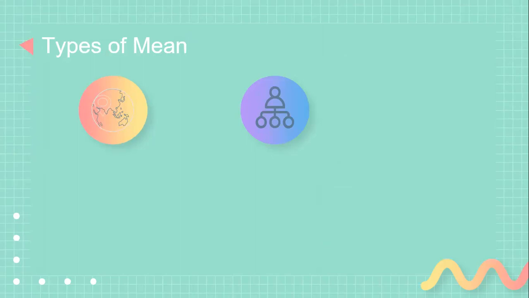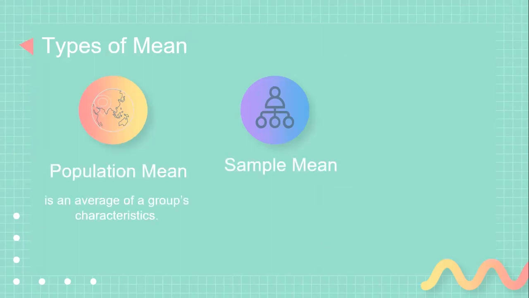So we have here the types of mean: the population mean and the sample mean. The population mean is defined as an average of a group's characteristics. The formula is mu equals summation x divided by capital N. For the sample mean, it is an average of a set of data.